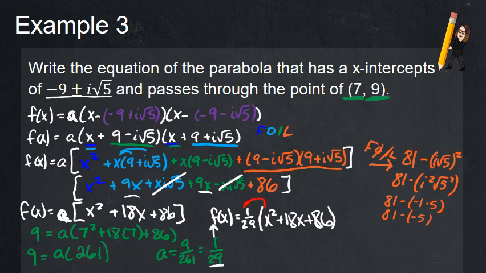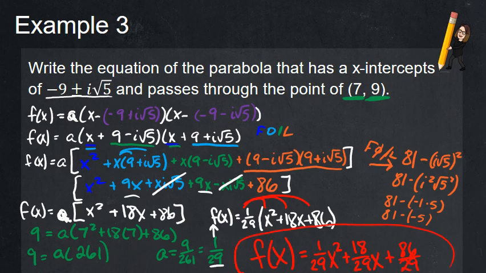So I'm going to distribute that a to get rid of parentheses. So in the end, f of x is equal to 1/29 x squared plus 18/29 x plus 86/29. I know they're crazy fractions, but go with it.